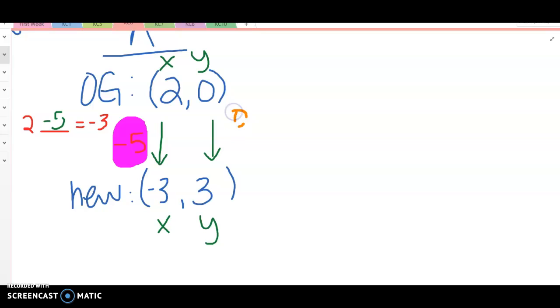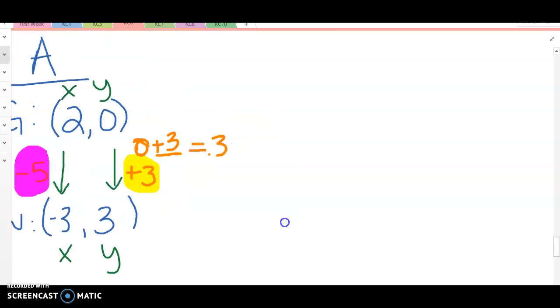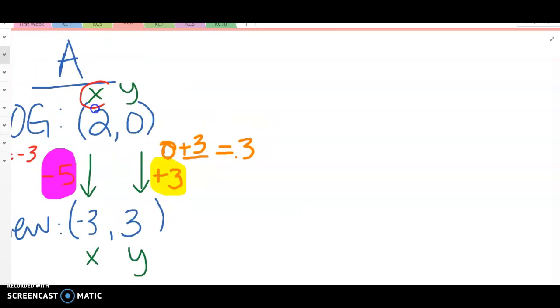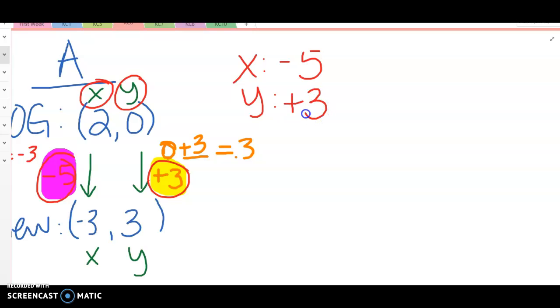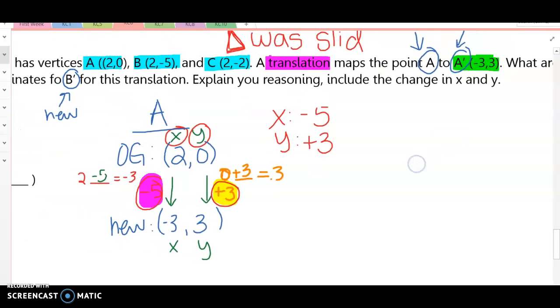So we start at 0, we have to think, what do we do to end up at 3? You add 3. So that is what's happening to the y. So we see from this that for the x, you subtract 5, and for the y, you add 3. Okay?